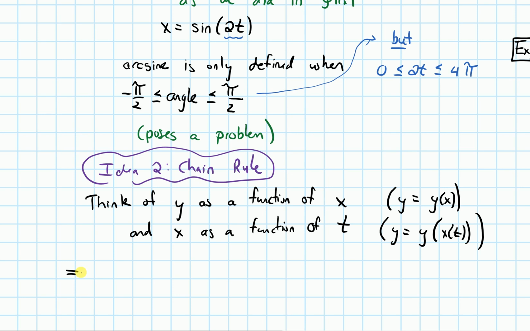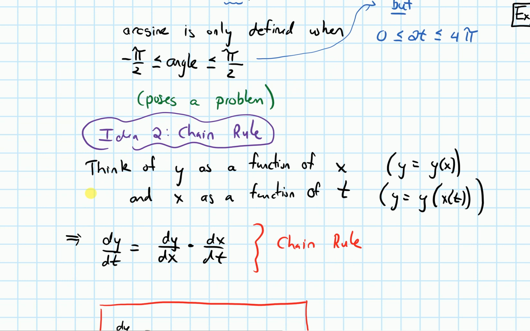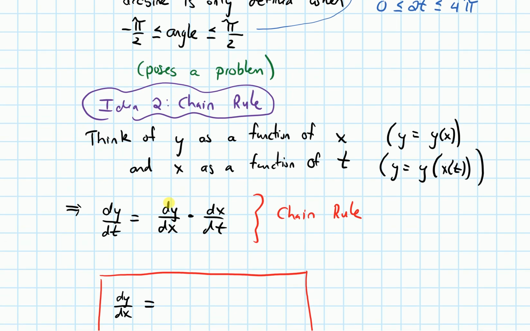Now if we do the chain rule and take dy dt, the chain rule says we take the derivative of the outside function first, which is y, so we have dy dx, and then multiply that by the derivative of the inside function, which is dx dt. So this is from the chain rule. The thing that we want is dy dx, which is the slope of the tangent line.